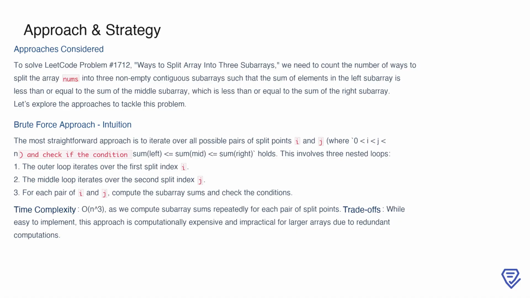The first loop identifies the split index where the left subarray ends, and the second loop determines where the middle subarray ends. For each pair of split points, we calculate the sums of the left, middle, and right subarrays and validate the condition. While this approach is intuitive and straightforward to implement, it involves repeatedly calculating subarray sums for every possible combination, leading to a time complexity of O(n^3).